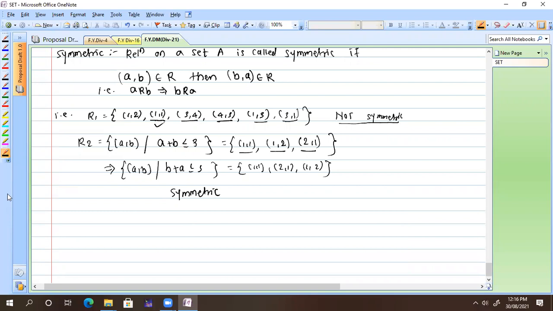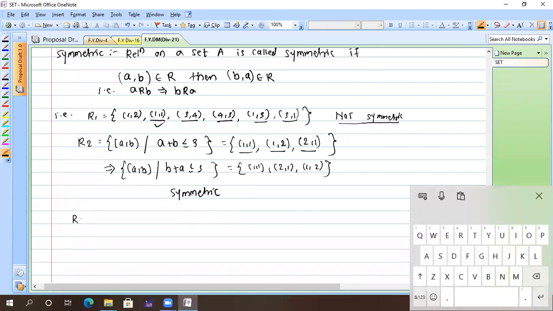Okay. So I will give you another example. Suppose R4 on R3, which contains (A, B) such that A is equal to B or B is equal to minus A. Whether it is symmetric.